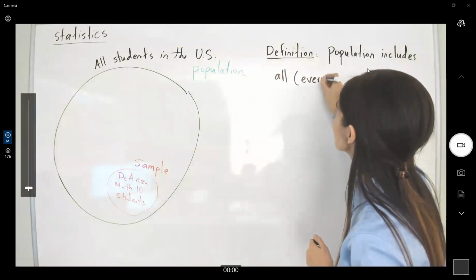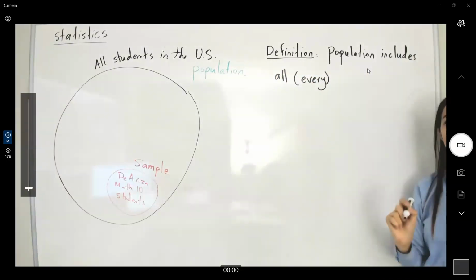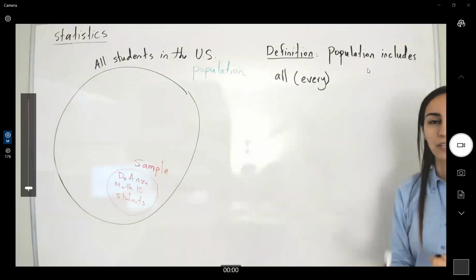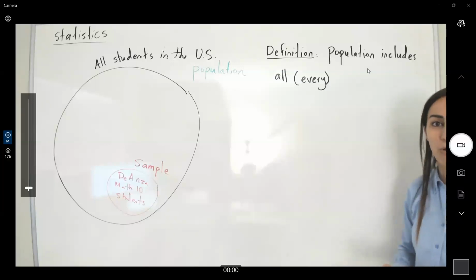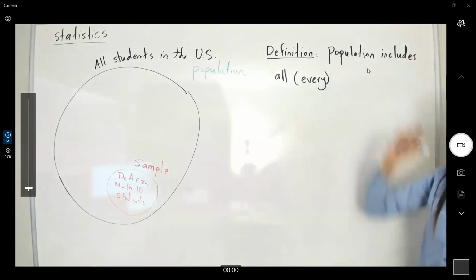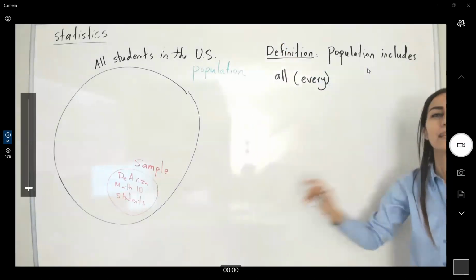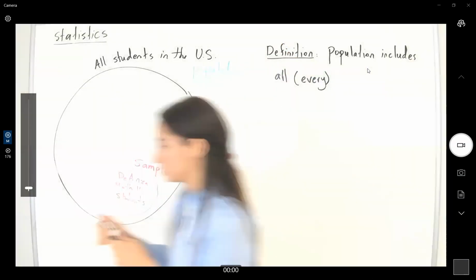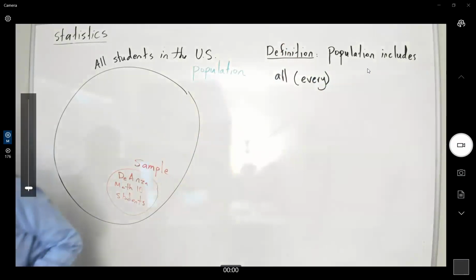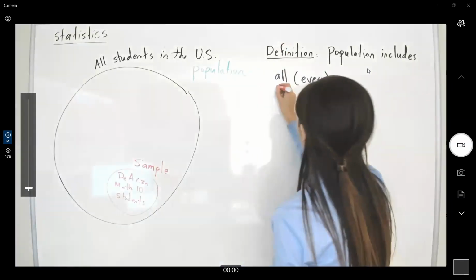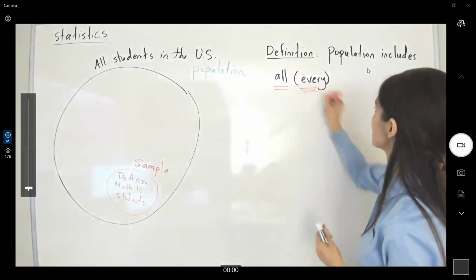or every. If you see all, every in an example, in a question, it means that it's referring back to population, that big or large set. All, every.